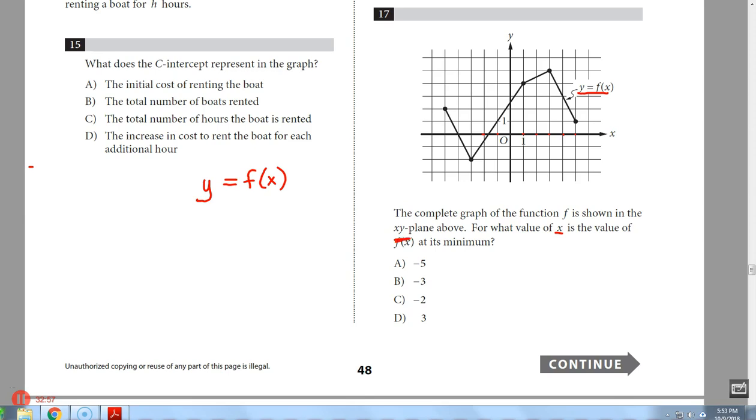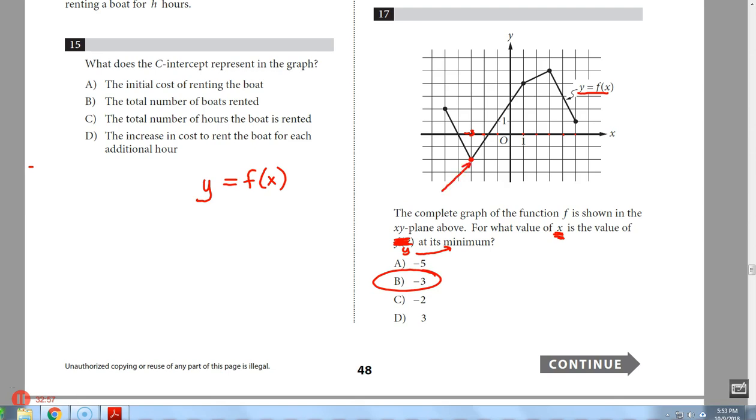So basically just ignore that and think about when is y at its lowest point? Well, y is at its lowest point right here. That's where y is at the minimum. And for what value of x does that happen? Well, it looks like there's -1, -2. It looks like right here at -3, we were at a minimum. So the correct answer for this one is going to be B.